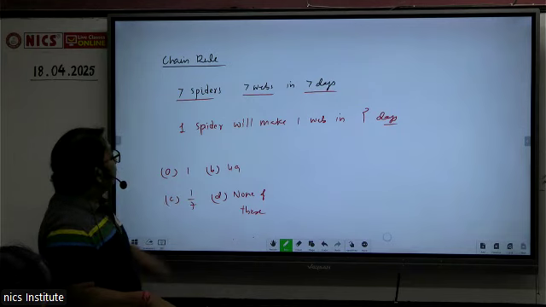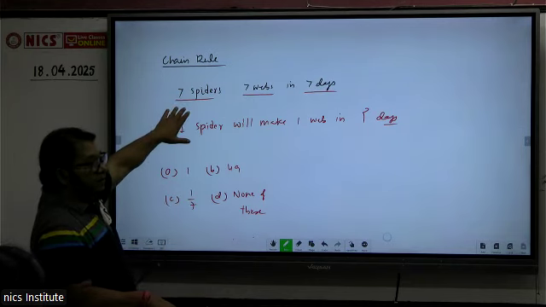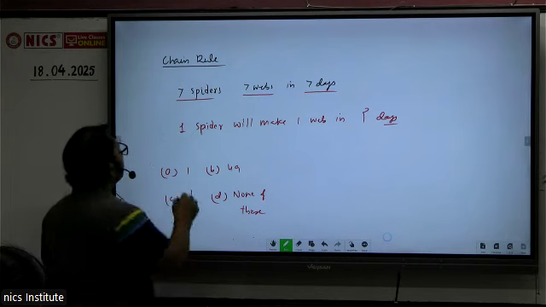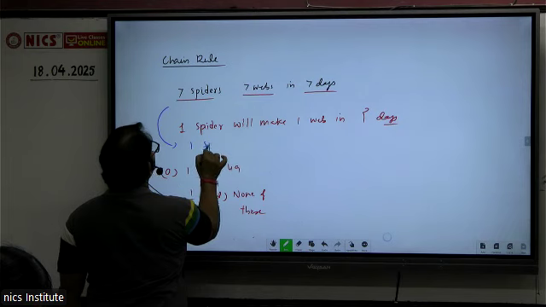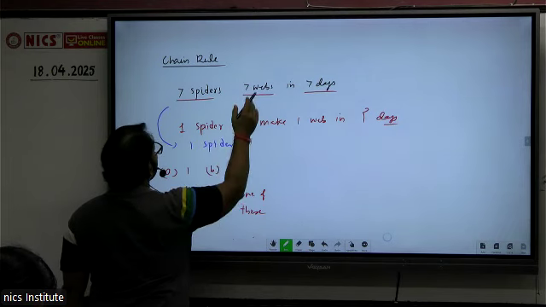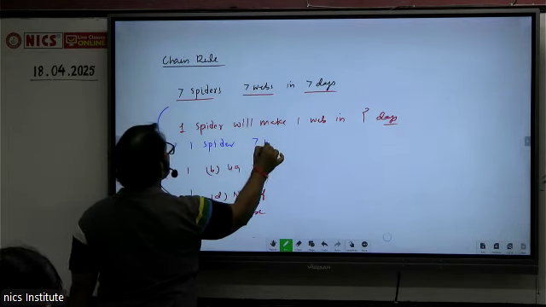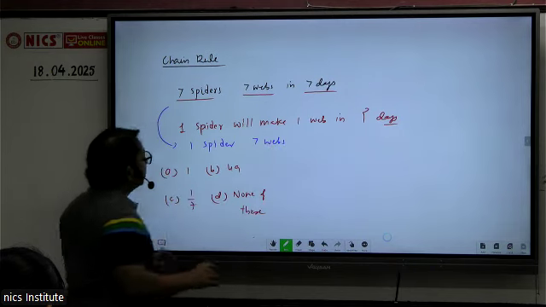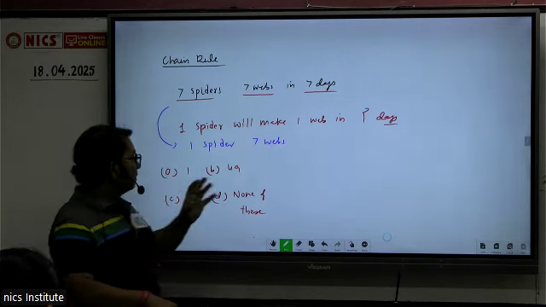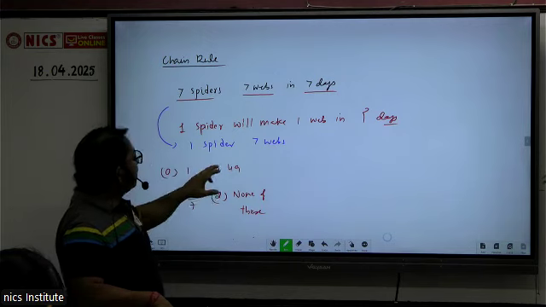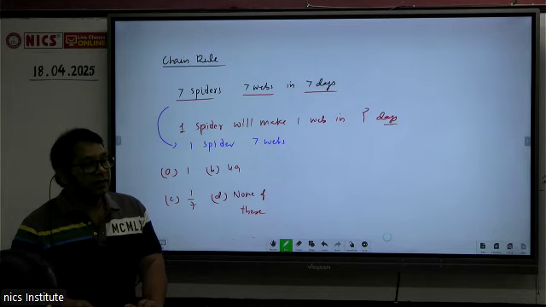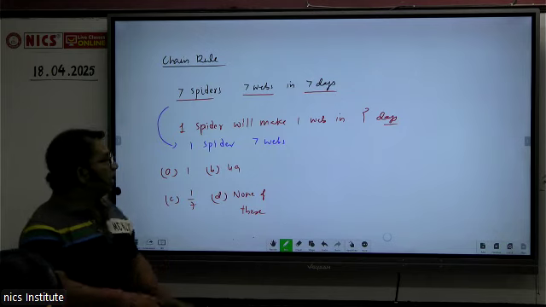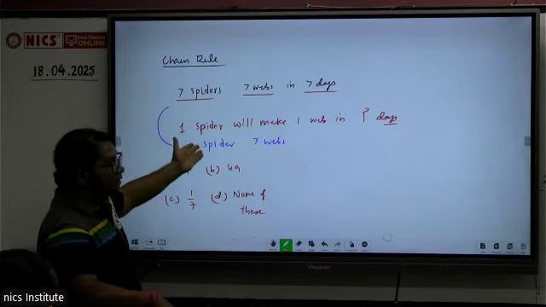See, if I decrease the number of spiders, let's figure out the relation between them. If I decrease to only one spider, I keep this constant. So 7 spiders are making 7 webs in 7 days. So one spider will make 7 webs in how many days? Days will increase because the number of spiders has decreased.